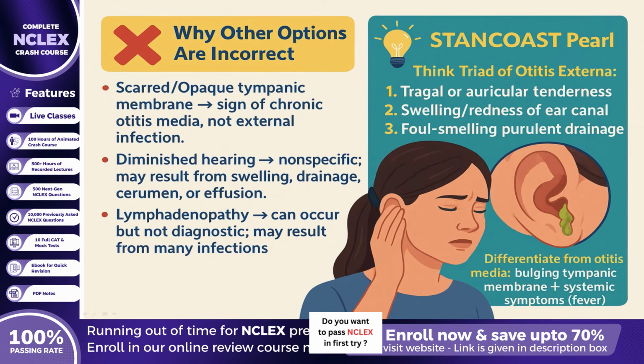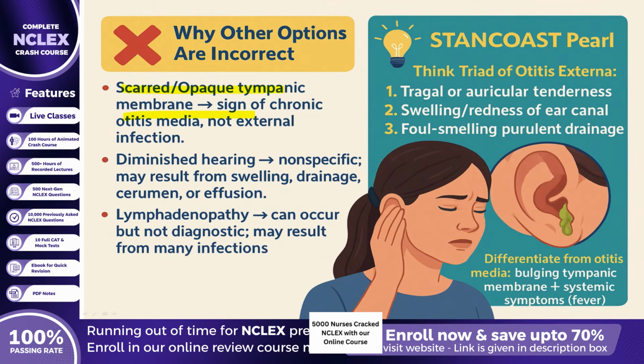Now let us consider why the other options are not correct. A scarred or opaque tympanic membrane, which is option 2, usually results from previous middle ear disease such as chronic otitis media or recurrent perforations, but it does not signify an acute external ear infection. Moving on to option 3, a client's report of diminished hearing acuity may occur with otitis externa, but it is usually due to canal swelling or blockage by drainage.